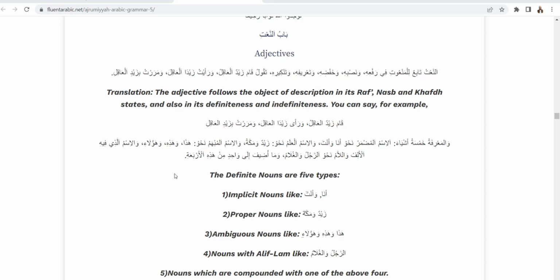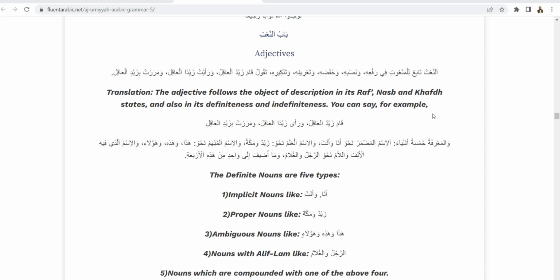Okay. So kana makes the ism to be in the state of رفع, but the khabar in the state of nasb.